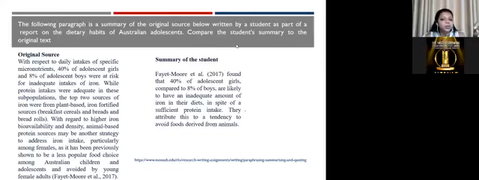With regard to higher iron bioavailability and density, animal-based protein sources may be another strategy to address iron intake, particularly among females, and it has been previously shown to be a less popular food choice among Australian children and adolescents and avoided by young female adults. And the source is also given. So this is the original source.